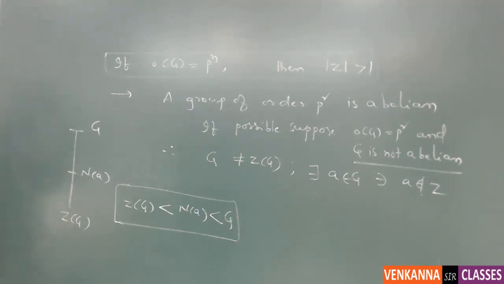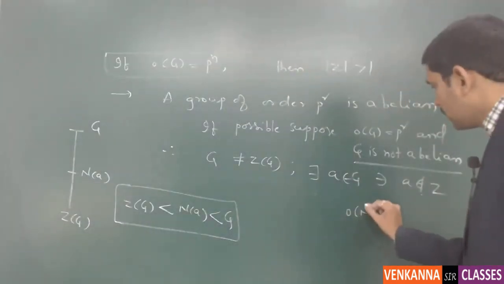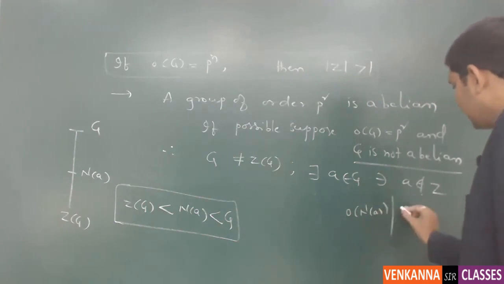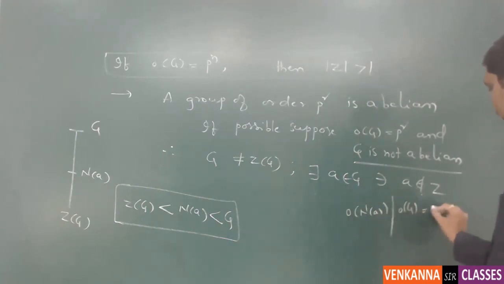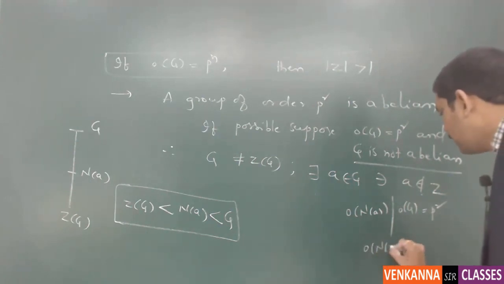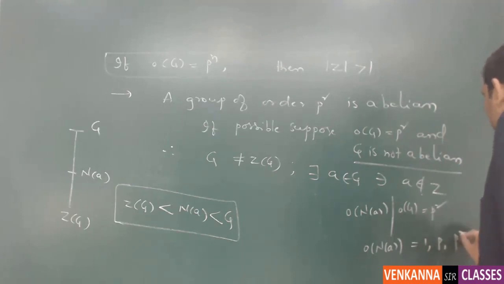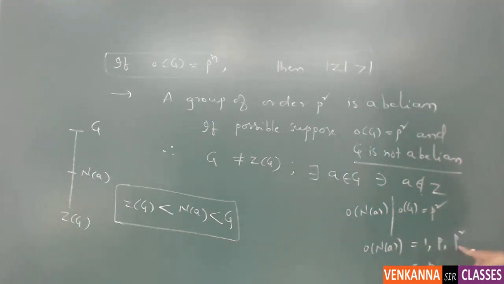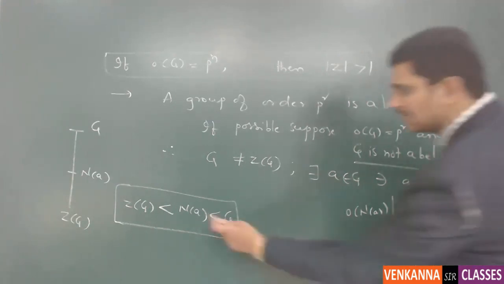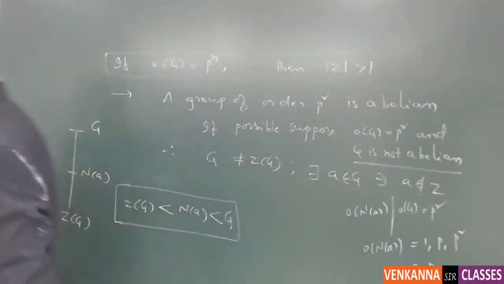Now we say that order of N of A divides order of G. So order of N of A must be either 1, P or P square. So it is P. 1 is not possible, P square is not possible because this is a proper subset of this. Clear to all?